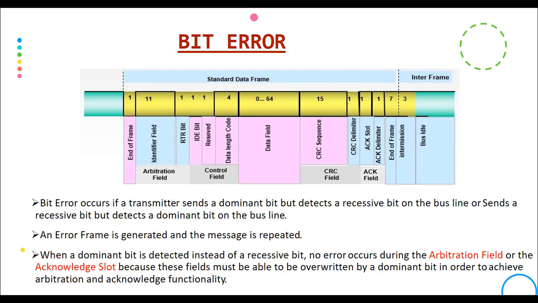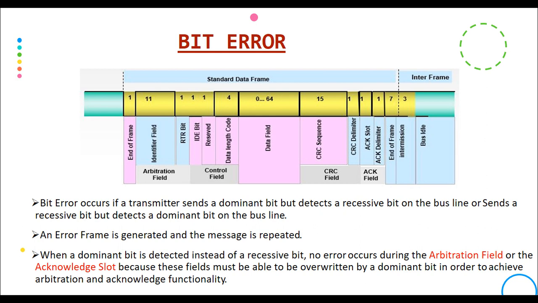Coming to the bit error, as I explained in the previous slide, it occurs if the transmitter sends a dominant bit but detects a recessive bit on the bus line, or the transmitter sends a recessive bit but detects a dominant bit on the bus line.